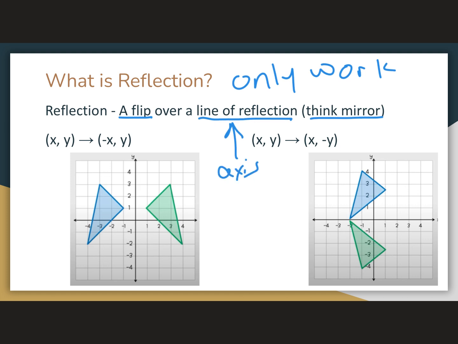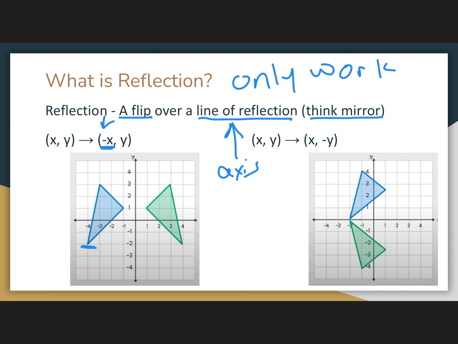So here, this one on the left, you'll notice that I am flipping over my y-axis. My y values stay the same. My x values change. So if I start out over here in the negatives, that means the opposite. So don't think of that as a negative. Think of that as opposite.